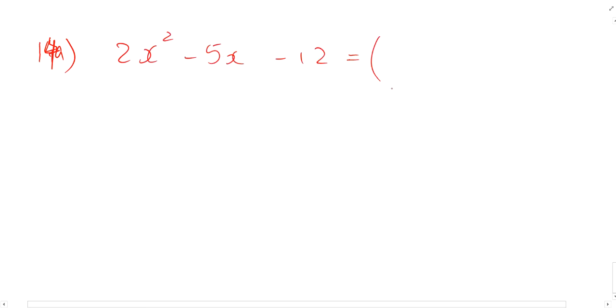Anybody needs help for 14A? 14B? Okay, so we require the answer from 14A first. It says that 2x squared minus 5x minus 12 is (2x plus 3)(x minus 4).